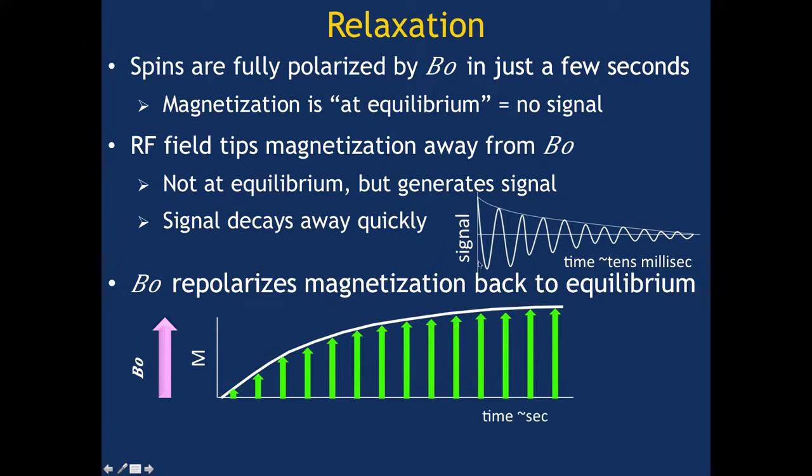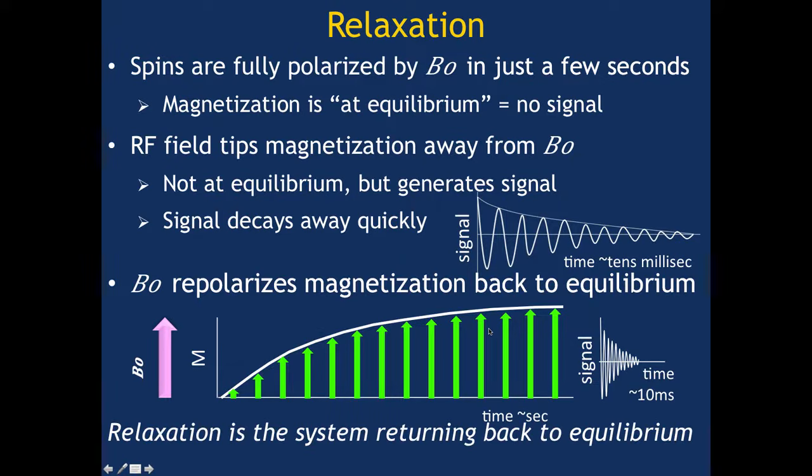So these two effects, how long the signal persists in your recording, and how quickly that magnetization recovers after being disturbed by our radio frequency pulse, is relaxation. These are on different time scales. How long the signal persists is usually a few tens of milliseconds, and how long it takes signal to recover may be seconds long.